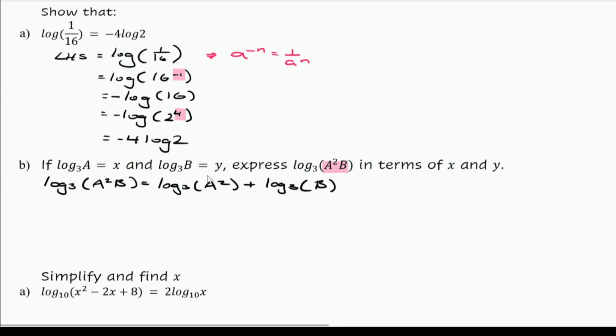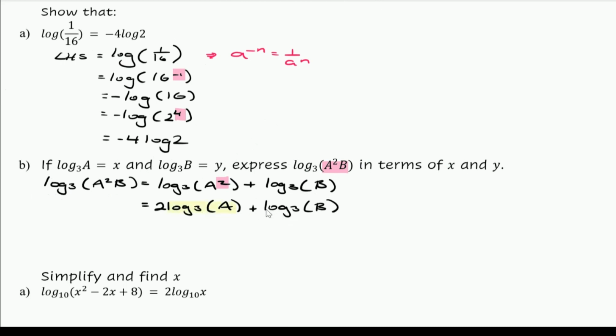And now what I'm going to do is bring out this 2 to the front using log law number 6 again. So this is going to be 2 of log 3 a plus log 3 of b. Now you can see that once I've got that, this actually looks the same.